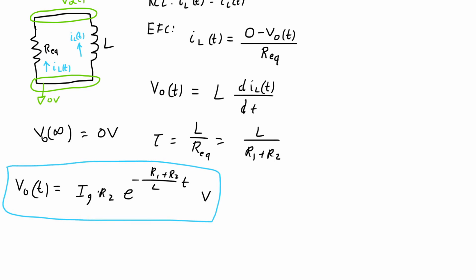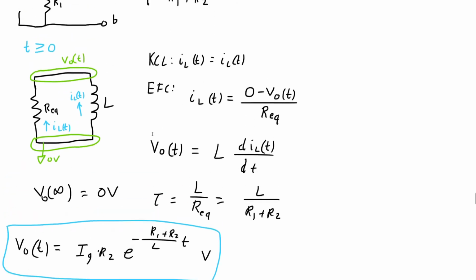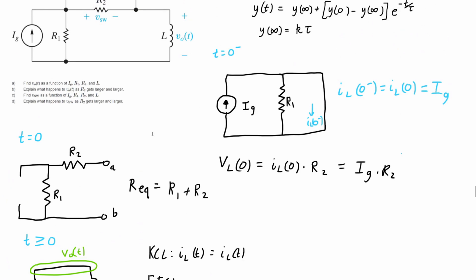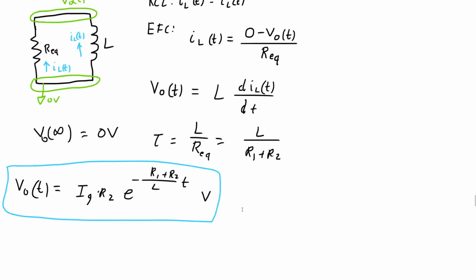So we want to find out what happens to VOT as R2 gets larger and larger. Well, VOT is going to increase here, but it will also decrease faster.